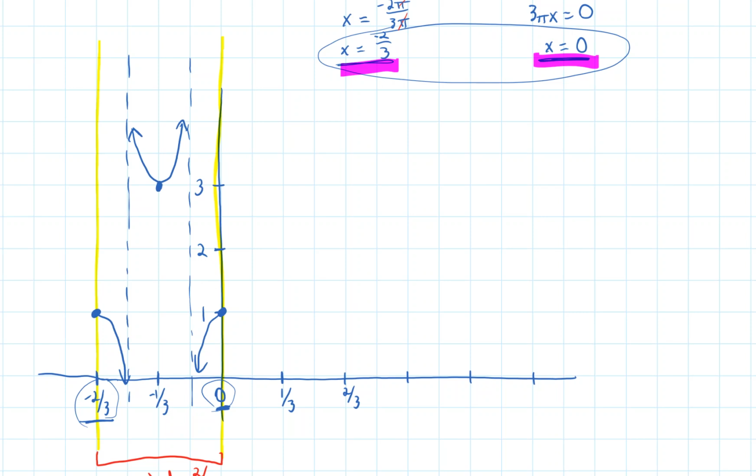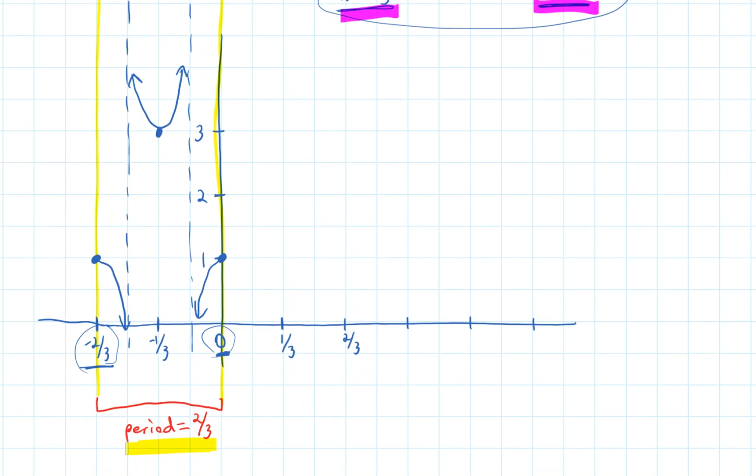So because my period is 2/3, I need to measure another 2/3 from 0. So my next cycle is going to end at 2/3. So it's going to be between 0 and 2/3. Then I repeat the same process.